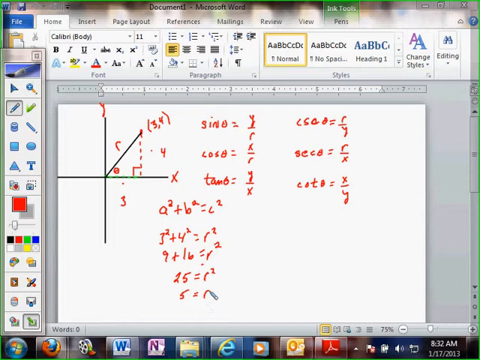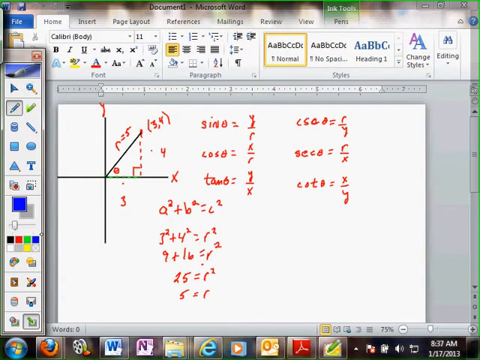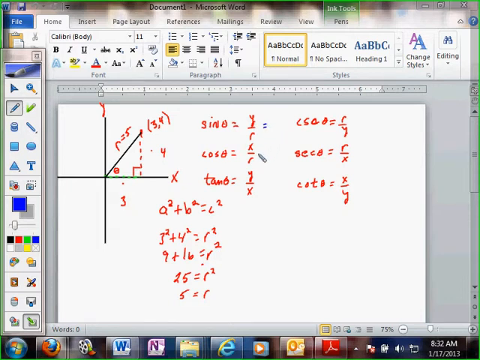So if r is 5, I'll plug that in up here so I can see it easily. That means I can find out what all of these values are. The sine of theta is y over r, which is 4 over 5. Since the cosecant is the reciprocal of that, it's 5 over 4. The cosine of theta is x over r, so it's 3 over 5.